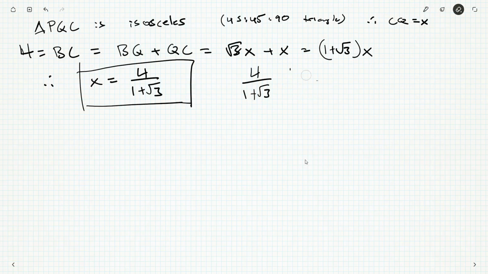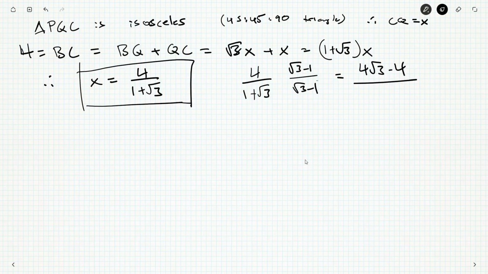Well, we'll make it root 3 minus 1. That way we don't have negative numbers anywhere in our expression. So we'll get 4 root 3 minus 4 on top, and on the bottom we'll get 3 minus 1. So there's going to be a 2. So it's going to be 2 root 3 minus 2. That's our expression there.